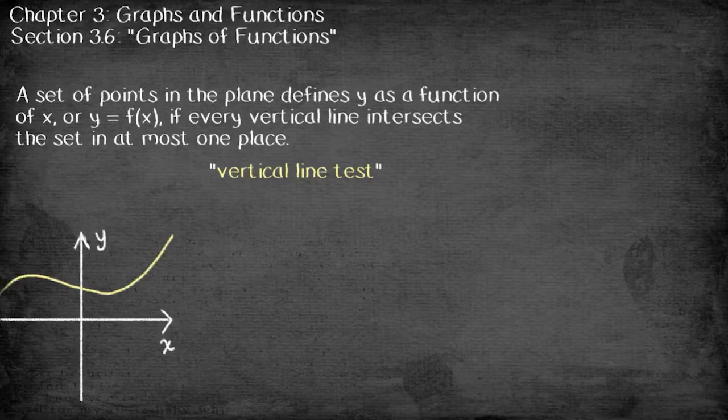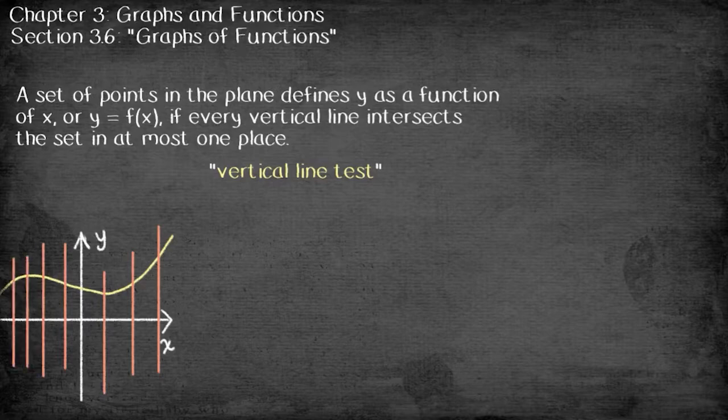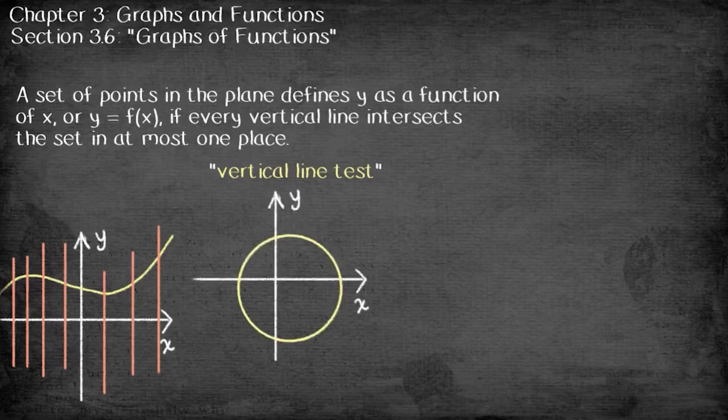So here we have a graph of a relation, and I'm going to use the vertical line test. You see that no matter where I draw my vertical lines, the orange lines will only intersect this yellow curve at one point. What about something like a circle?